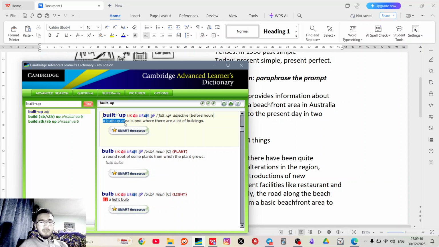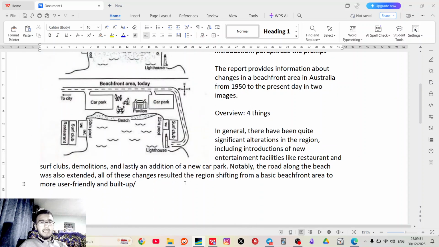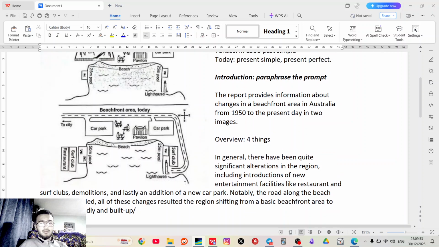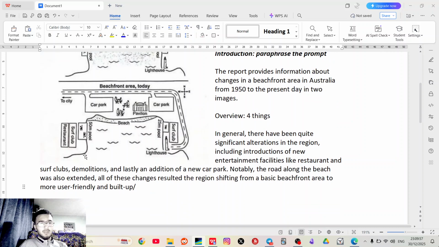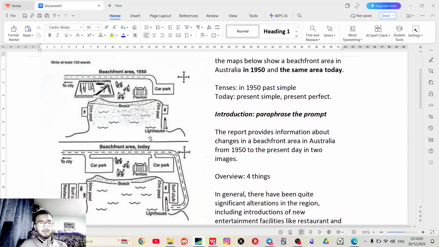A built up area is one where there are a lot of buildings. So it actually means the addition of new buildings. You can see here we have more buildings now compared to the past.